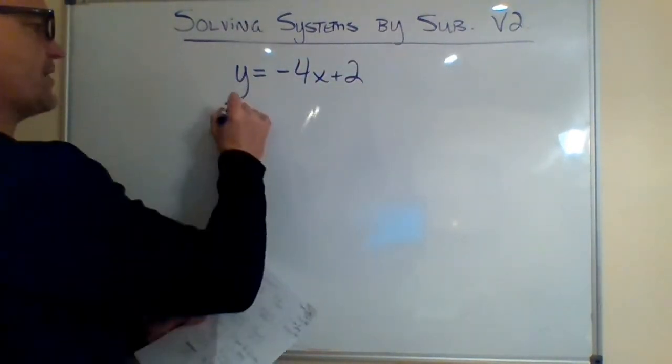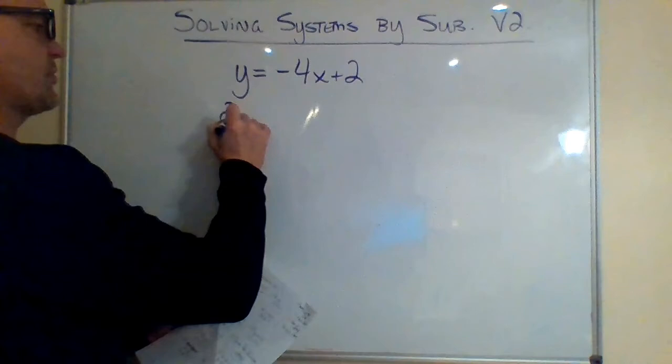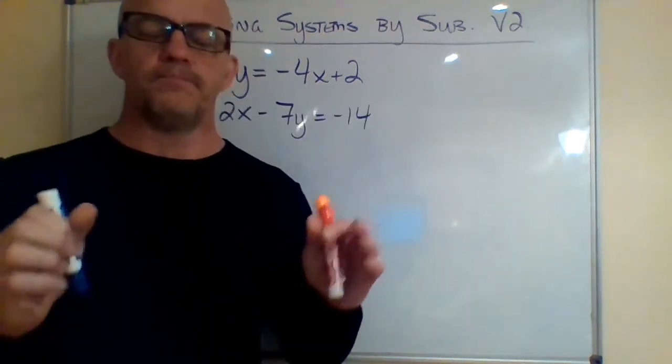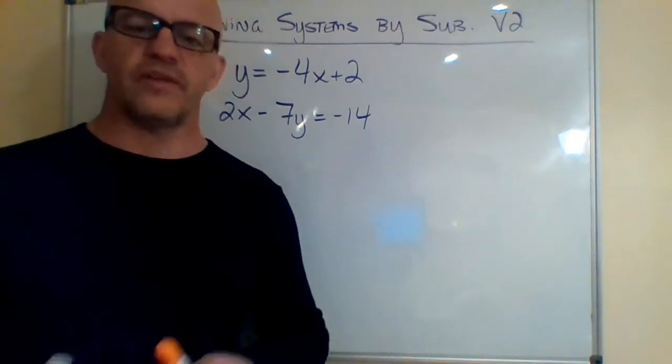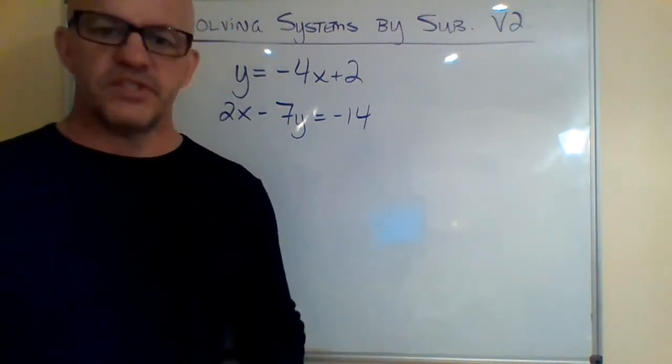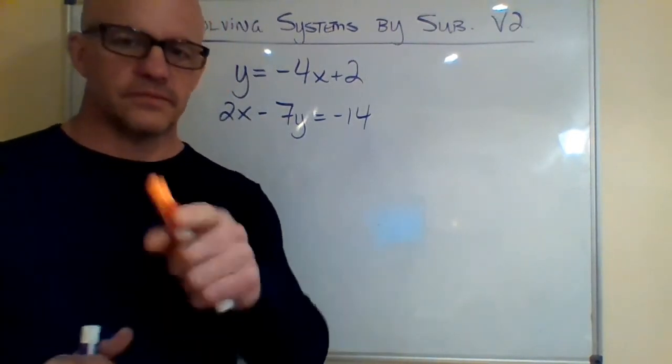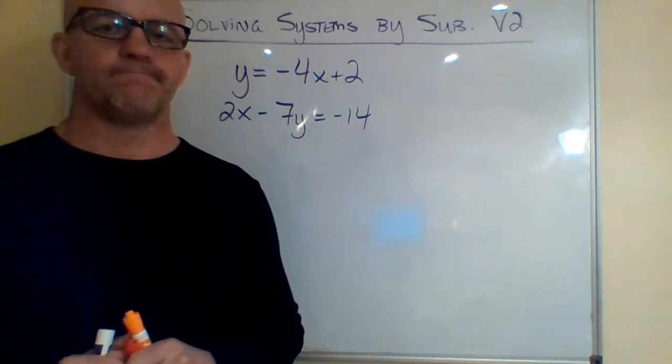Then we have 2x minus 7y equals negative 14. So what I want you to do is jot it down, solve it, pause the video, see what you get, then compare it to what I'm going to get. So pause that video, do it.